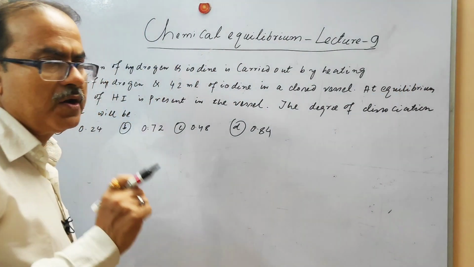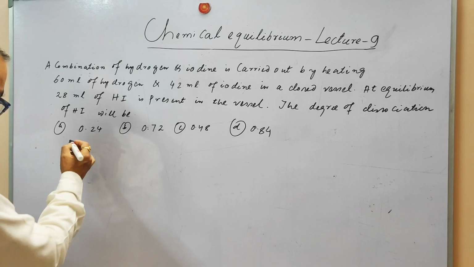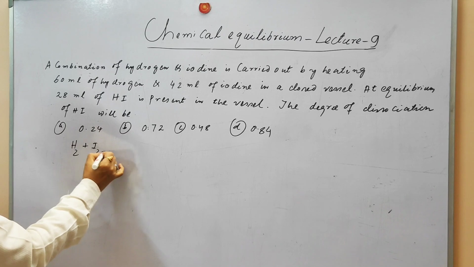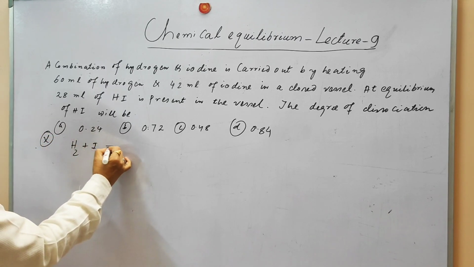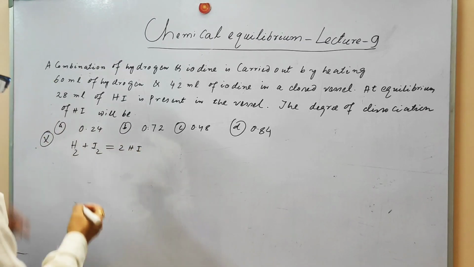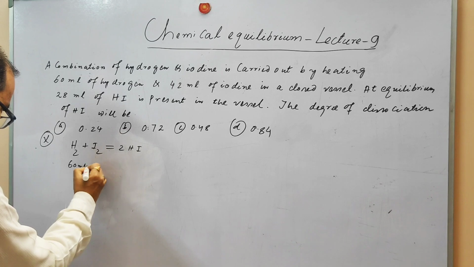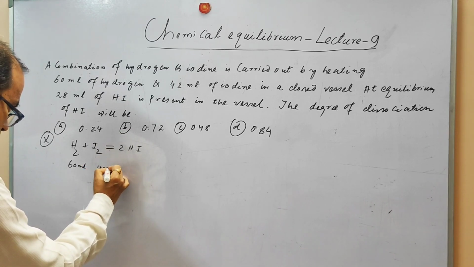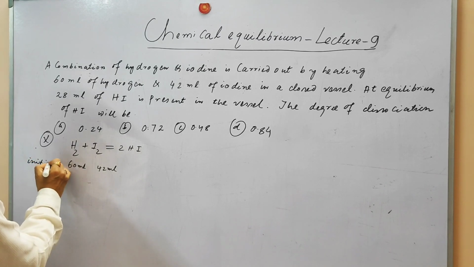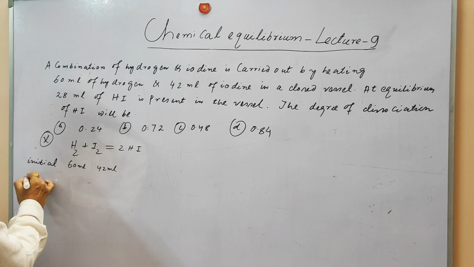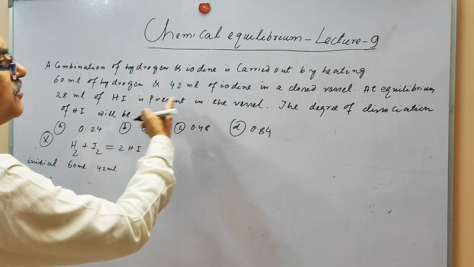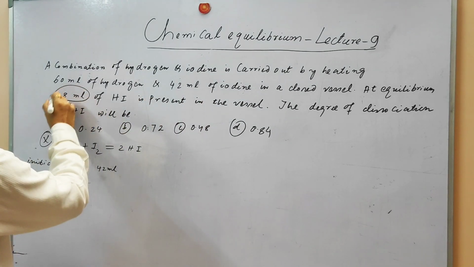First, what you have to do is calculate the equilibrium constant from this reaction, H2 + I2 giving 2HI. 60 milliliter of hydrogen and 42 milliliter iodine is given initially. Then at equilibrium 28 milliliter of HI is produced.